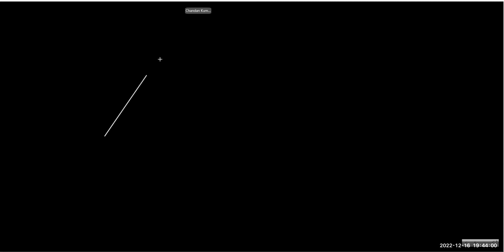So imagine if I have two particles. This one is going this way with speed u, and another particle is going this way with speed v, and this angle is theta.